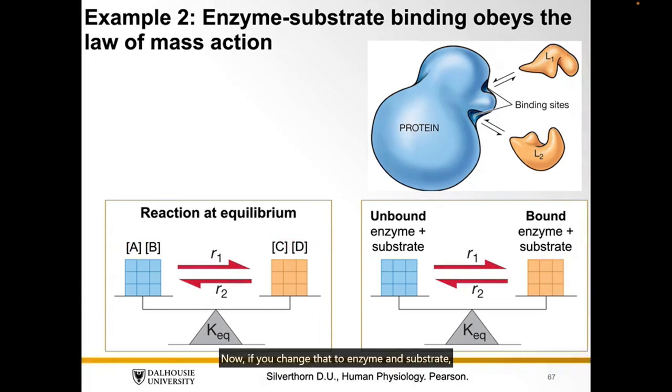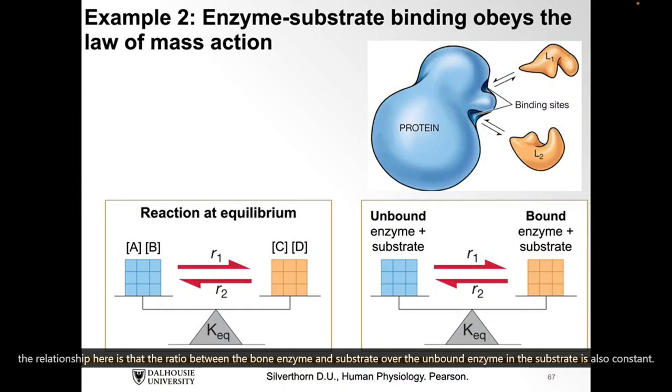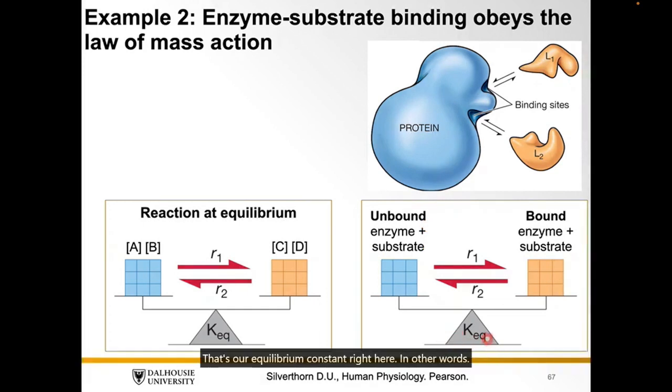Now, if you change that to enzyme and substrate, the relationship here is that the ratio between the bound enzyme and substrate over the unbound enzyme and substrate is also constant. That's our equilibrium constant right here.